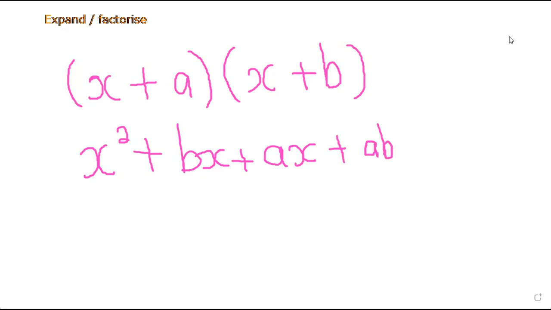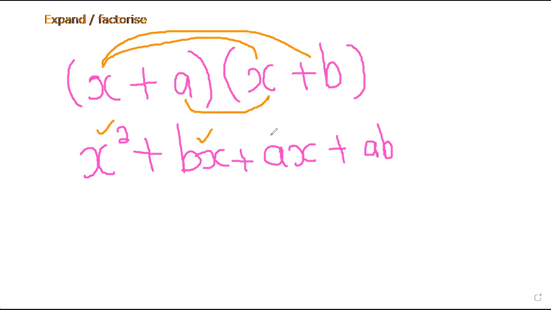Absolutely correct. Did you all get this? Do you all understand this? x times x gives you x squared. x times b, bx. a times x, ax. And then, of course, a times b, ab.